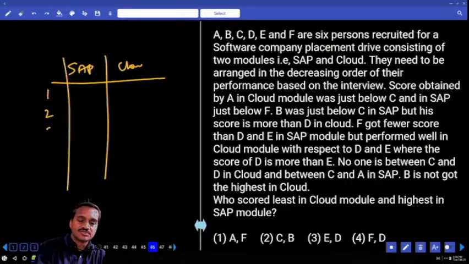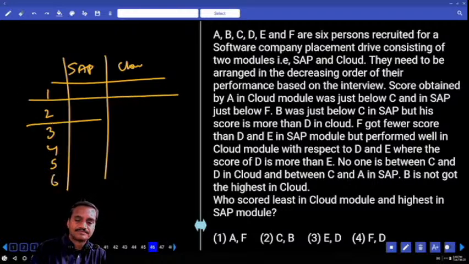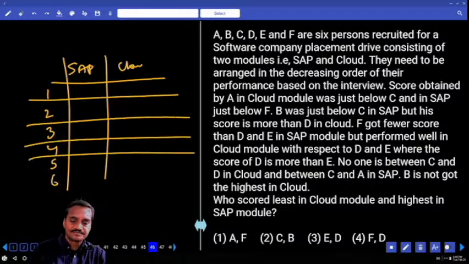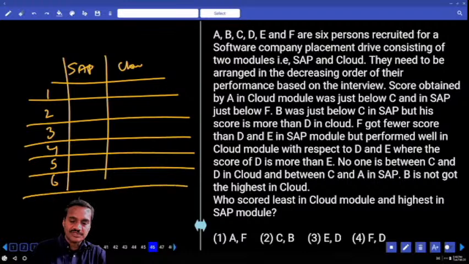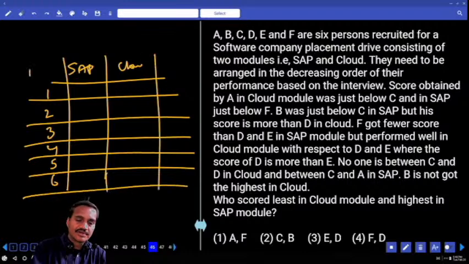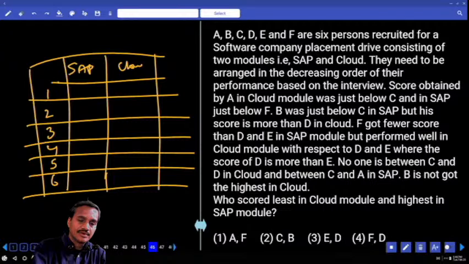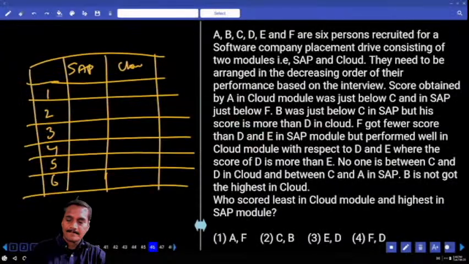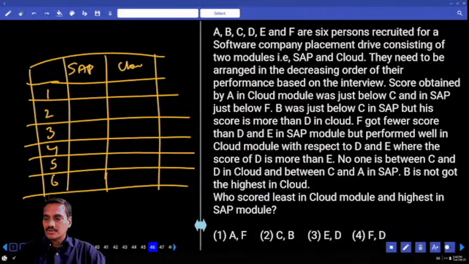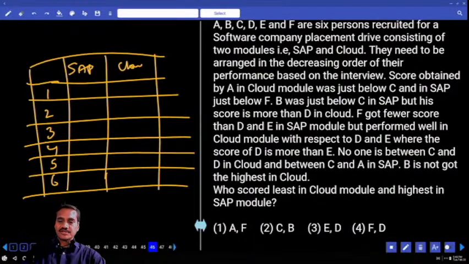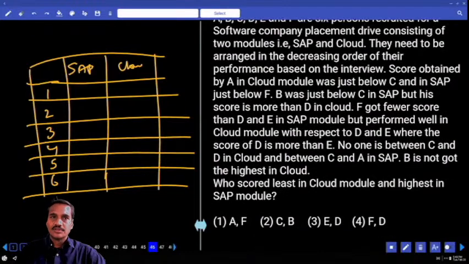Now 6 persons in these 6 categories, SAP and cloud. Then coming to condition number 1. Now in this condition number 1, they need to be arranged in decreasing order of their performance based on the interview.